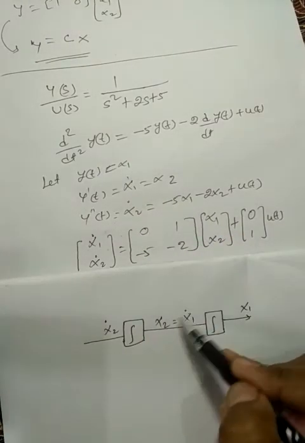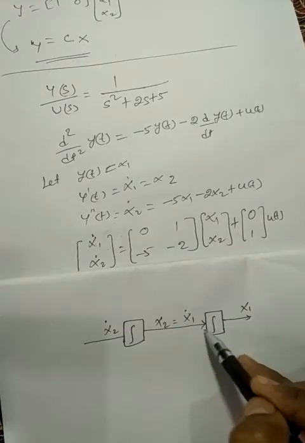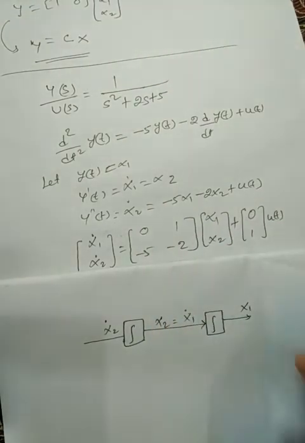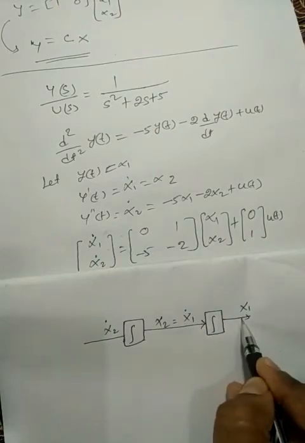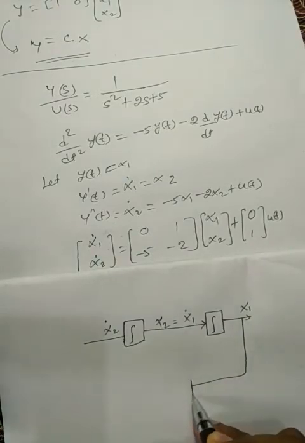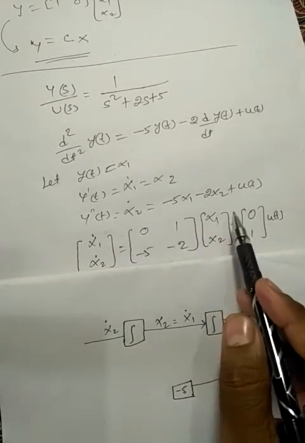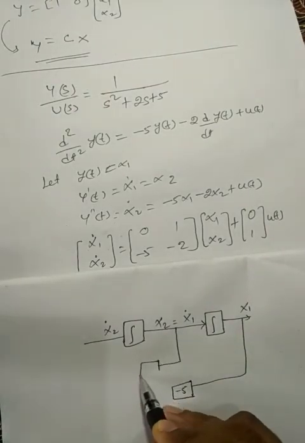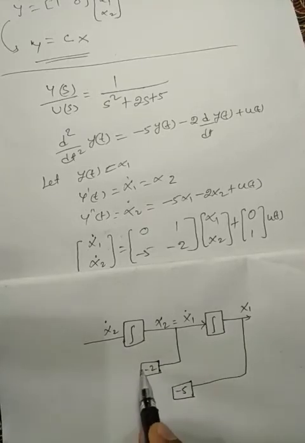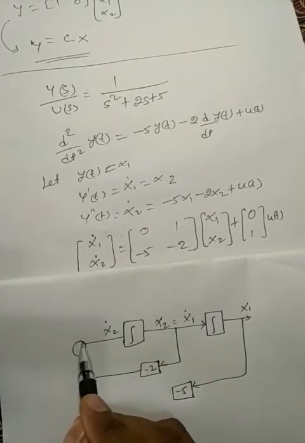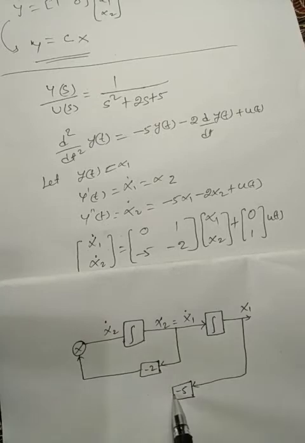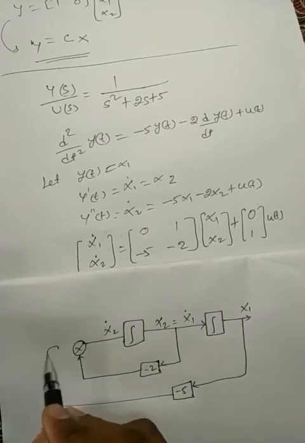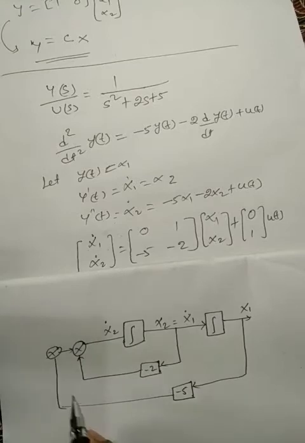So the first equation x1 dot is equal to x2 is clear. Second equation x2 dot is equal to minus 5x1. So from here we'll have again minus 5, and minus 2x2, from here we'll have again minus 2, and these two lines will be added here like this.